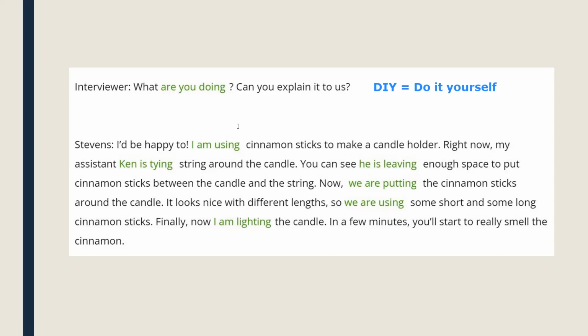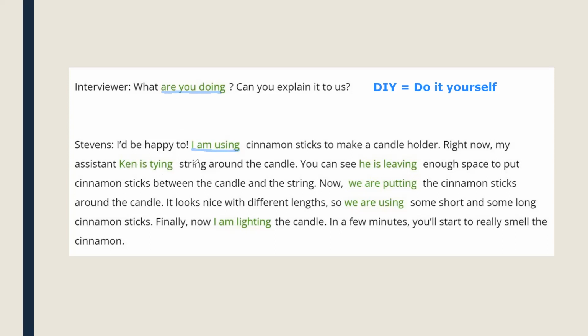So he's explaining. As you can see, the parts in green are the examples of present continuous, okay? So I will highlight that for you here. So in this unit, unit 5, one of the focuses was the present continuous. So if you want to present something about this unit, it's interesting to use examples in the present continuous, okay?